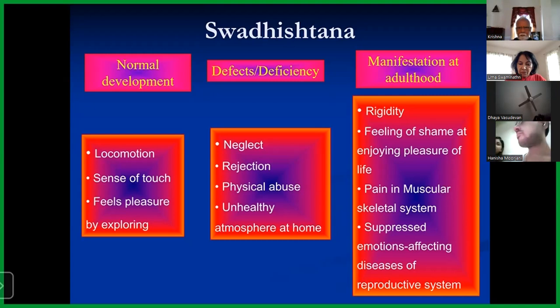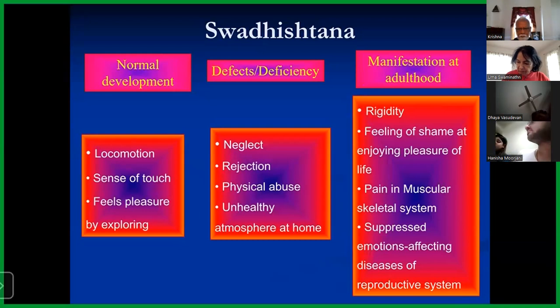Then what happens? The rigidity shows up as rigidity in the organs in the lower part of the abdomen. The organs which are supposed to move to evacuate the fecal content of the large intestine become rigid. When the mind becomes rigid, physical organs will show the rigidity. Especially Swadhishtana chakra is related to the organs in the lower part of the abdomen. I already showed the picture of the large intestine.